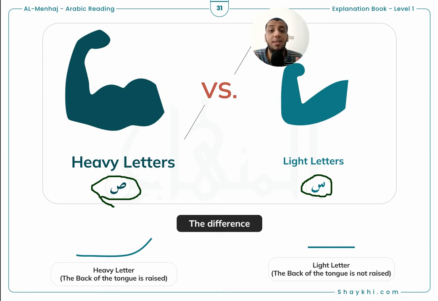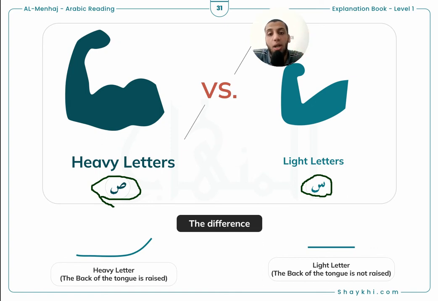And this is something called in Arabic الاستعلاء والاستفال. These are the attributes or qualities of the letters. الاستعلاء means the back of the tongue is raised, and الاستفال means the back of the tongue is not raised. قال ابن الجزري رحمه الله في المنظومة الجزرية: وسبع علو خص ضغط قذ حصر, which means the letters that have this attribute, الاستعلاء, are heavy letters.